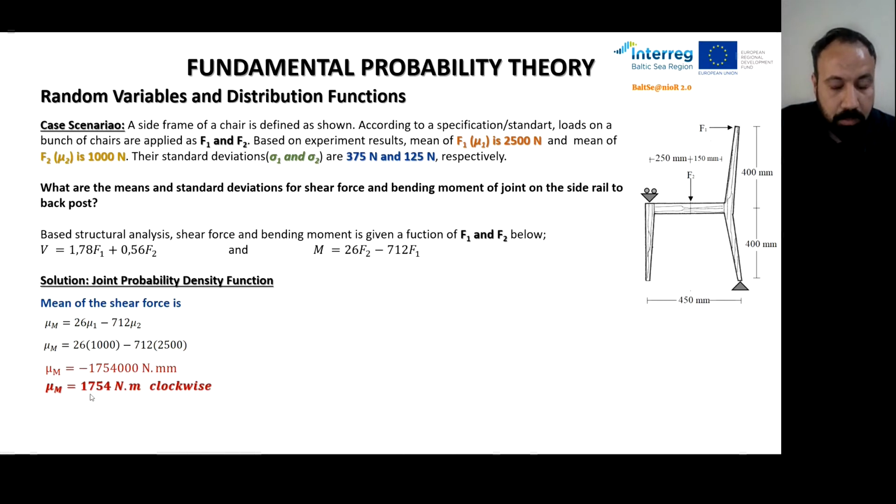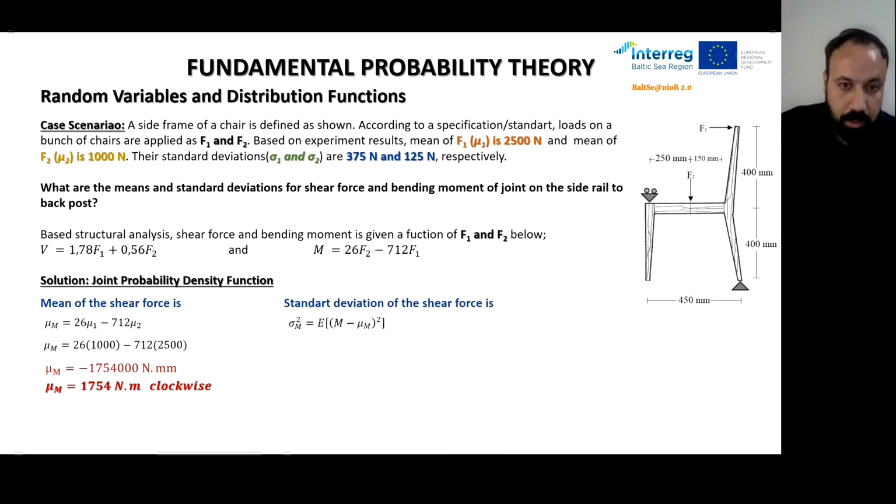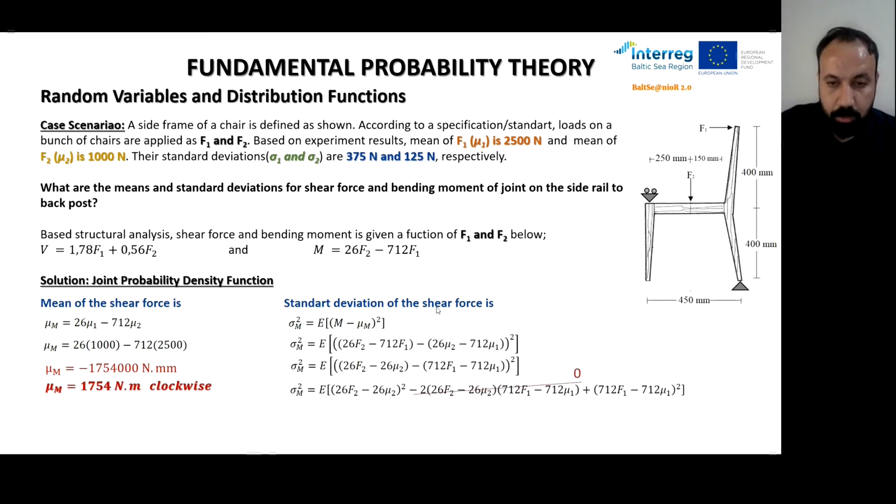And my average moment on that joint is going to be 1754 Newton meter clockwise. This is the negative moment. And the same way, I can calculate again here: bending moment, standard deviation of bending moment. So I just follow the same procedure.